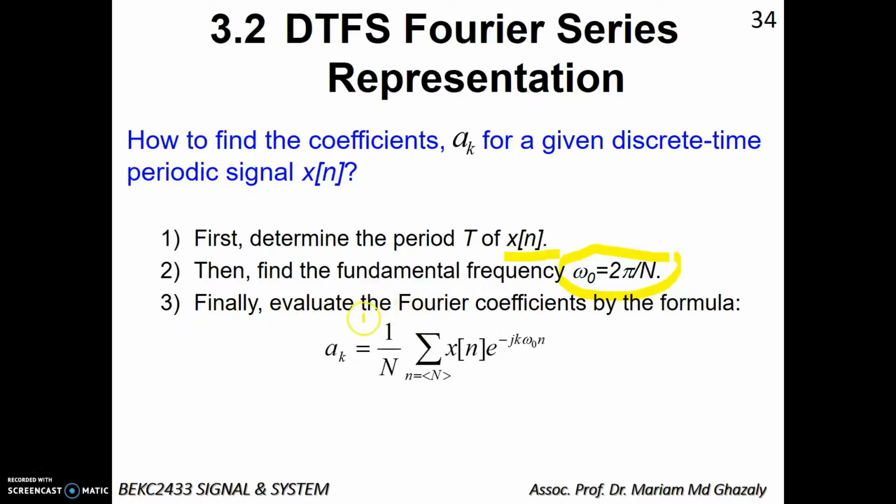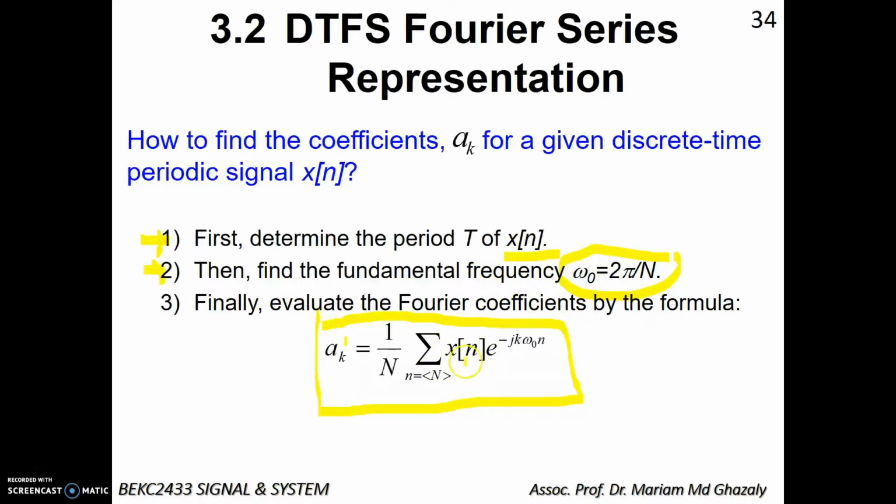Finally, you may evaluate the Fourier coefficient by the given formula, which is given by this formula a_k. So a_k is given by 1 over N summation of x[n] e^(-jk omega_0 n). You might see that from the first point and the second point, all the components that you need to find out, which are the period and the fundamental frequency, are all given by the signal x[n].